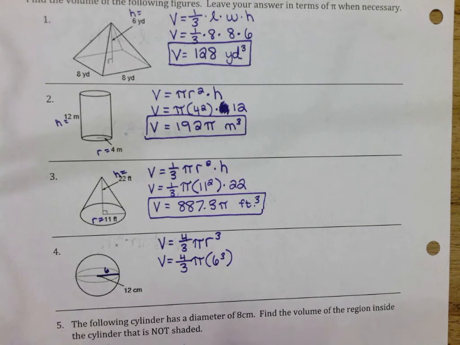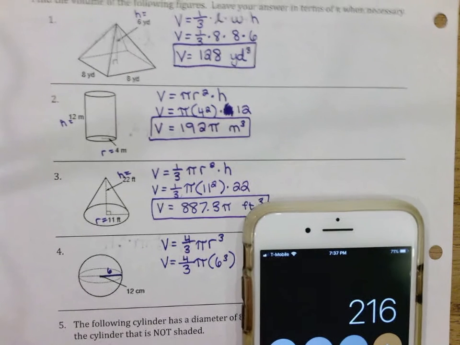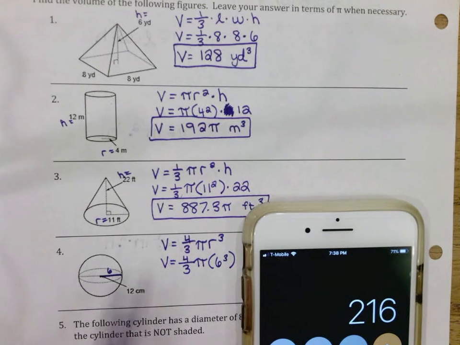Okay, so we're going to ignore pi again. I'm going to start by doing 6 cubed in my calculator. So 6 times 6 times 6. That gets us 216. Now you could just put 4/3 in parentheses and that's fine, but I know multiplying by 4/3 is the same thing as multiplying by 4 and then dividing by 3.